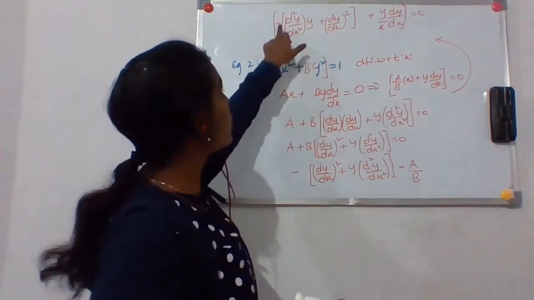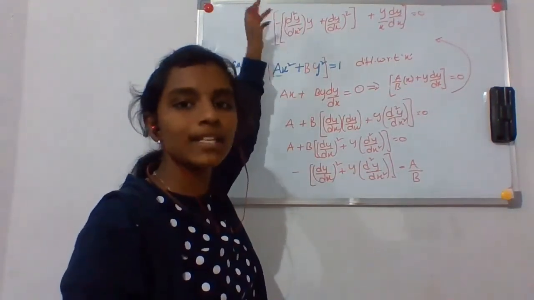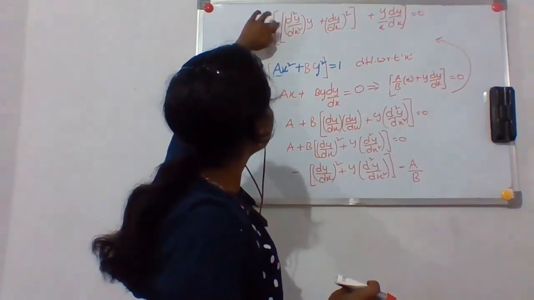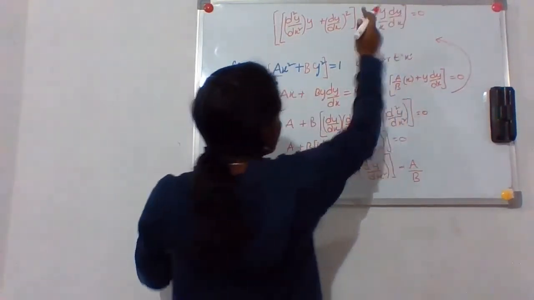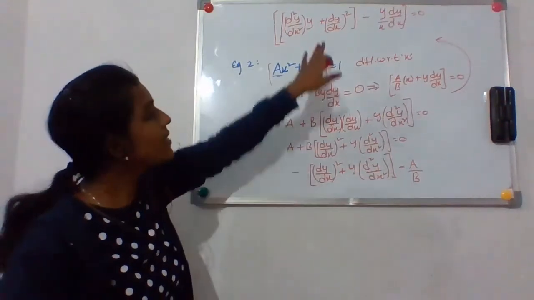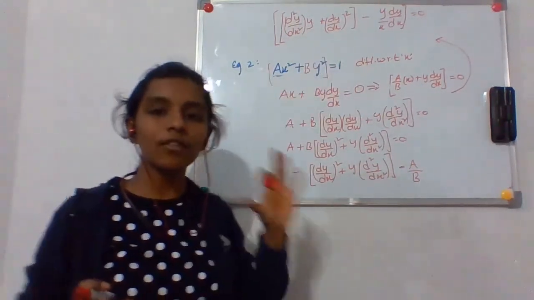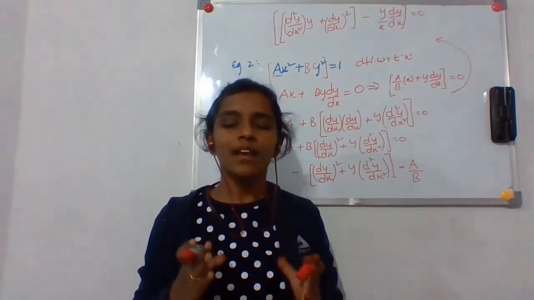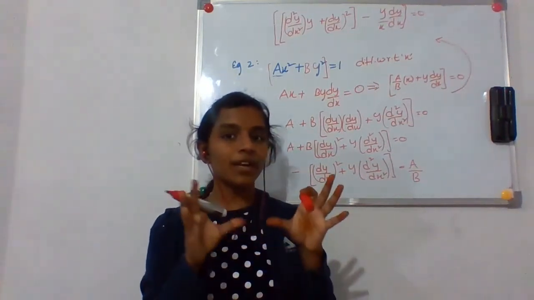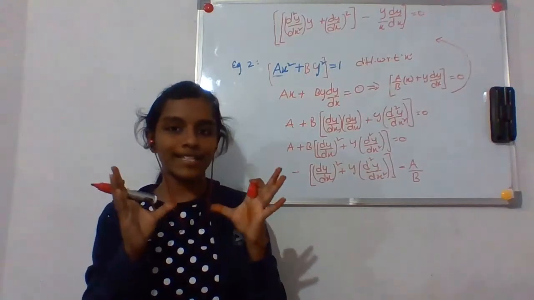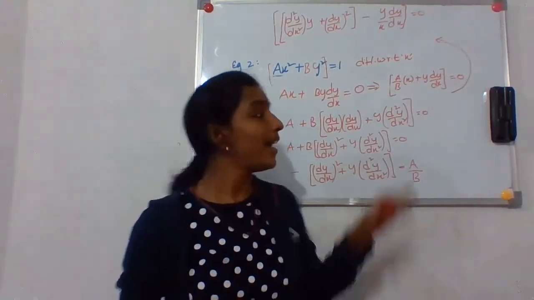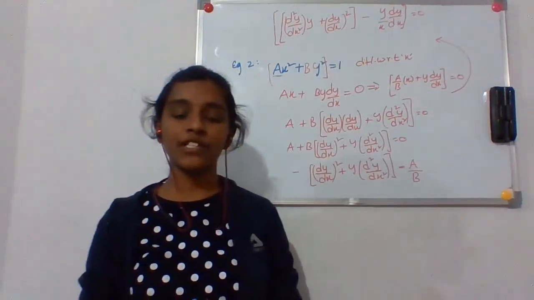And now I will do the same thing with the minus. I will take minus as common. This minus will be cancelled. Here minus will come. So this is the required differential equation. Why I did those commons is to make the differential equation look very nice. That will be the required differential equation.